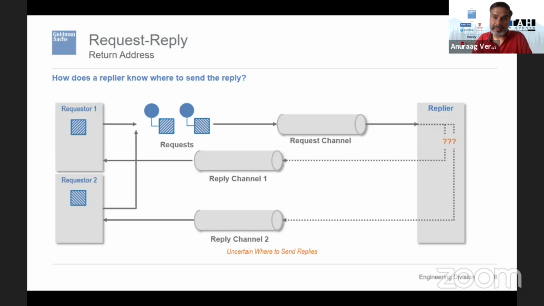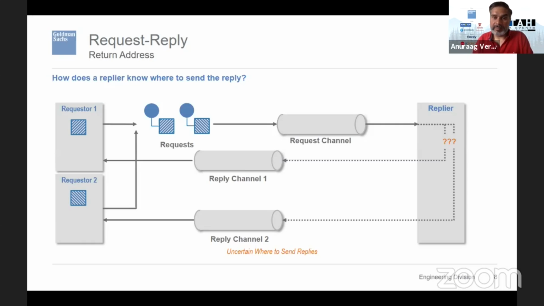That replier will look at the request payload and make the determination where should the reply be sent to. That's one option. Some other people take the approach that they will say, just like the request channel, I have a single request channel, I will have a single reply channel as well. And I will let the requesters deal with the complexity of figuring out which reply they want to consume.